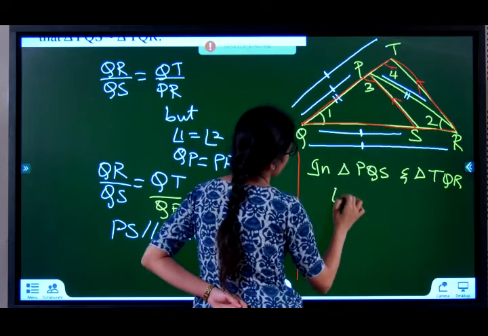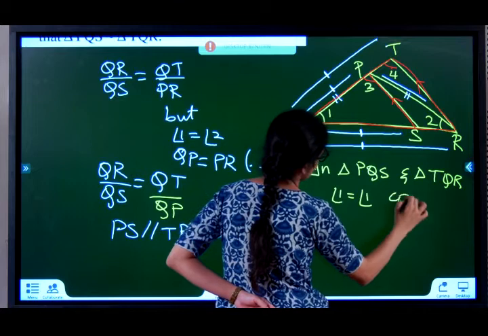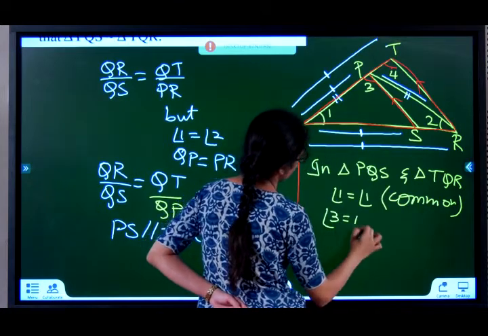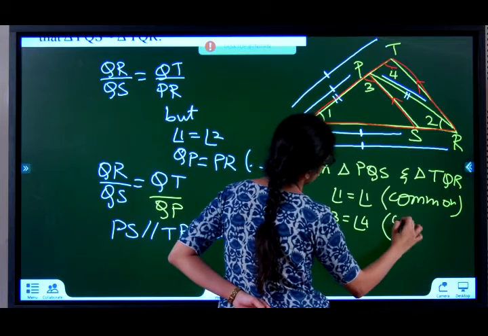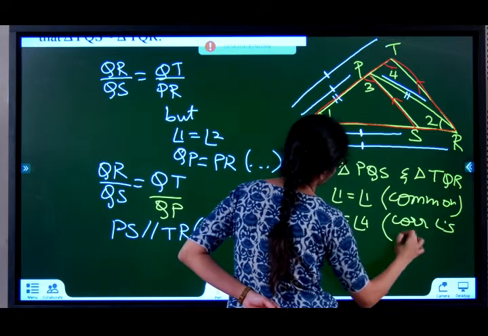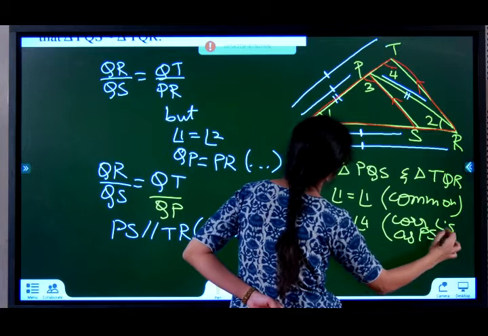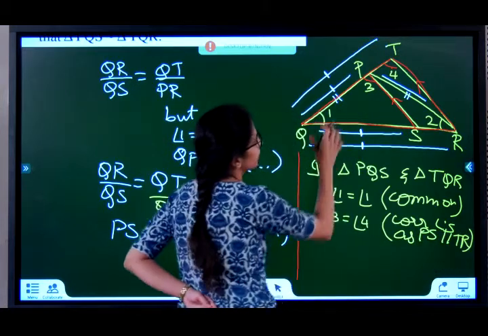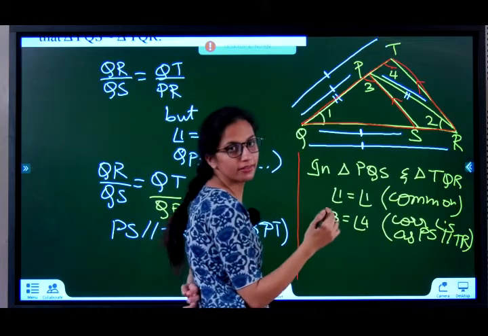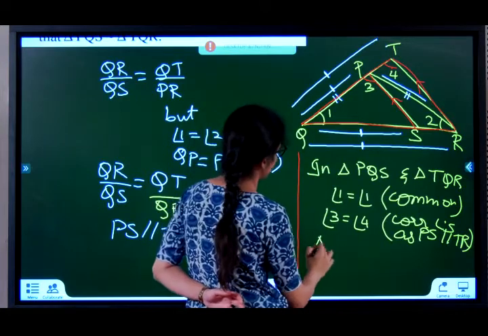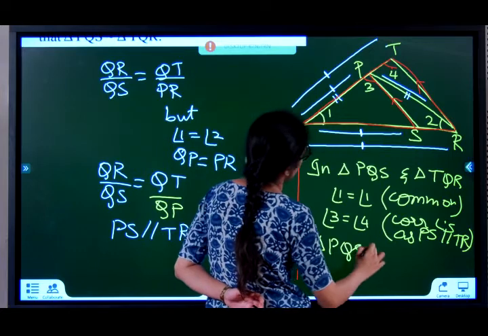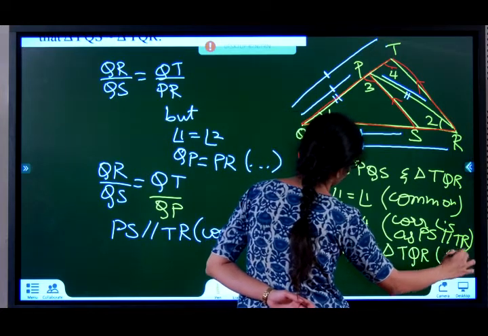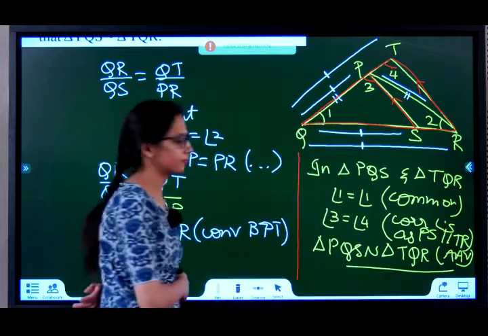Angle 1 equals angle 1, common, angle 3 equals angle 4, corresponding angles, as PS is parallel to TR. So, since these are equal, I can therefore say the two triangles are similar. Triangle PQS is similar to triangle TQR, criteria being AA similarity criteria.